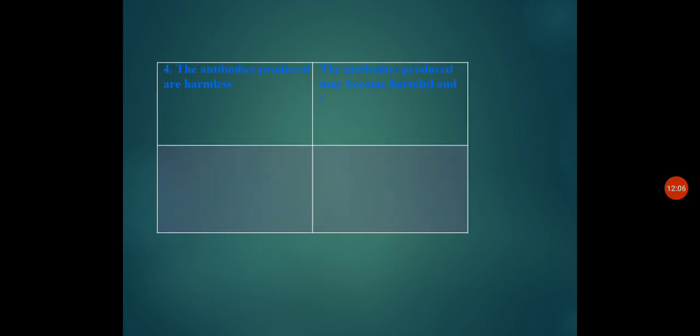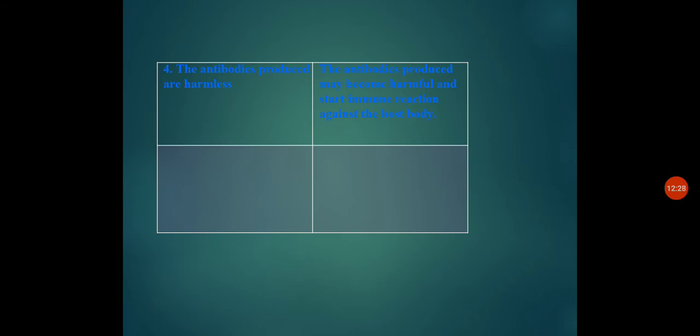Fourth, in case of active immunity, the antibodies produced are harmless. In case of passive, the antibodies may become harmful and they start an immune reaction against the host body. This is the chance, because in case of active immunity, there is no question of allergic reactions.